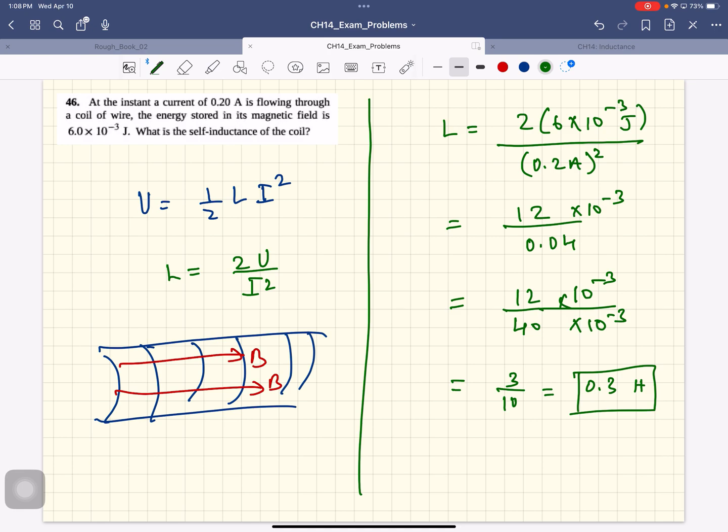So that's the inductance of the coil. You guys understanding this? Yeah.